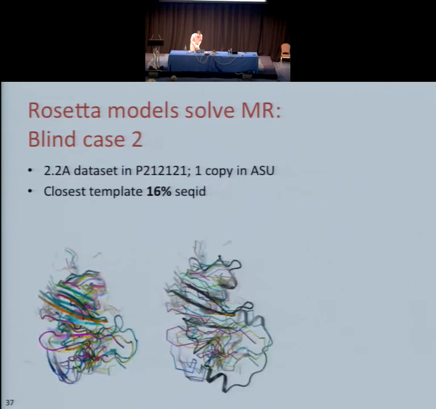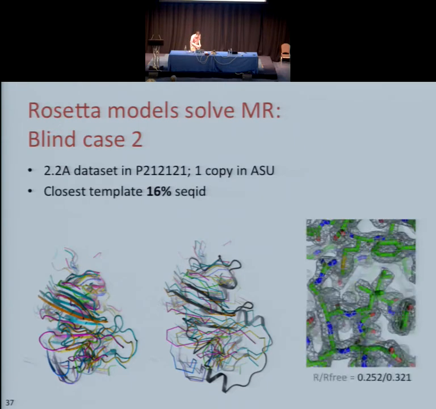This case was a little bit more difficult. This was 2.2 angstrom data. The closest template here was 16% sequence identity, but there was a very large number of templates available for this. We were able to build this model in black, and we were able to get a very weak molecular replacement solution. Then using MR Rosetta, we were able to get this good enough that automatic chain tracing could get this close enough that the crystallographer could solve it.